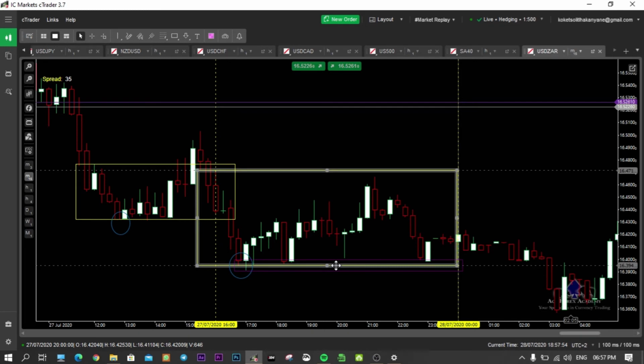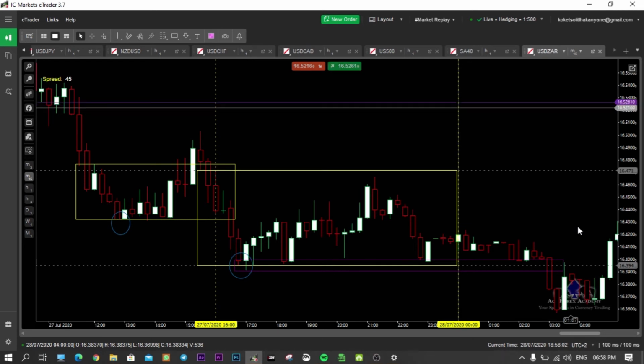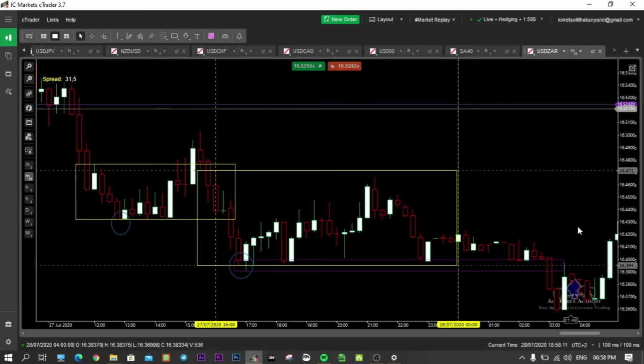And what our area of support allows us to do is then forecast the possible turning point in the form of our area of demand. Like I explained with the previous area of demand, we then know that there are a lot of buyers parked within that particular zone, and price has the probability of then turning around.